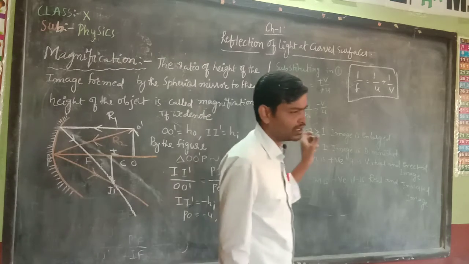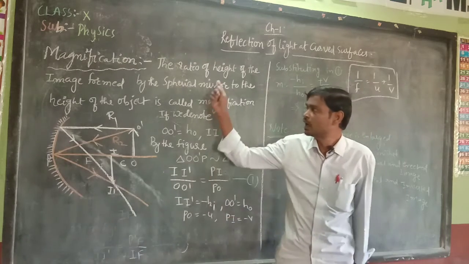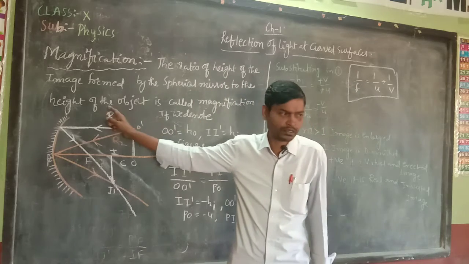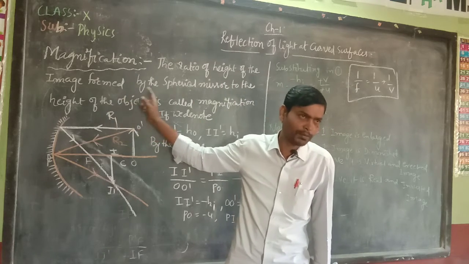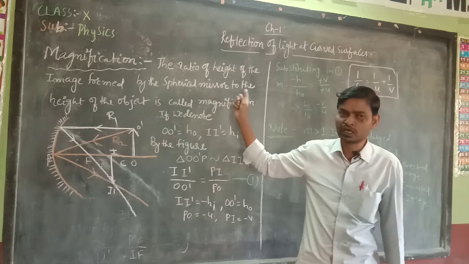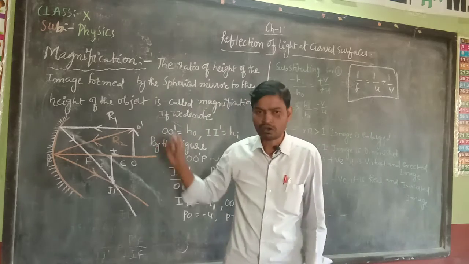And what we have studied, magnification is the ratio between the height of the image formed by the spherical mirror to the height of the object.